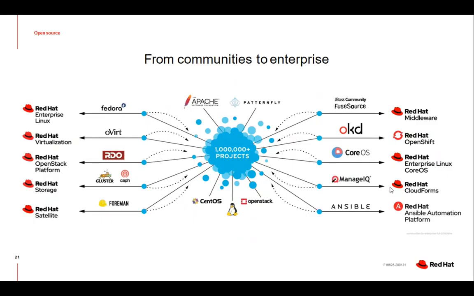Most of us know only about VMware virtualization and Microsoft's hypervisor. Red Hat has its own virtualization, which is also a product of a community project, oVirt. Many organizations are running their infrastructure on Red Hat virtualization to reduce their costs.